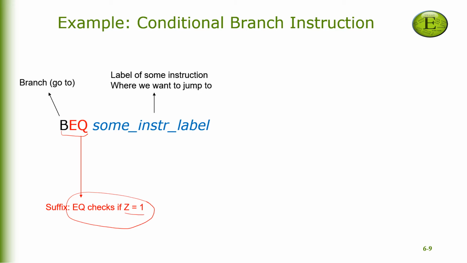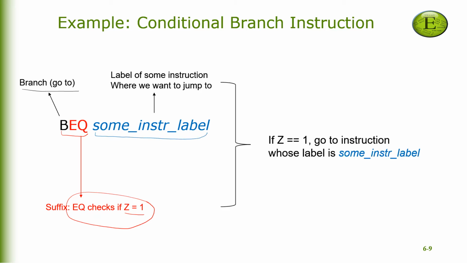The other part of the instruction is the branch, B for branch, which in simple English means go to. Go to the instruction whose label is some instruction label. So what we're really saying here is: check if the Z flag equals 1. If so, then go to the instruction whose label is some instruction label.